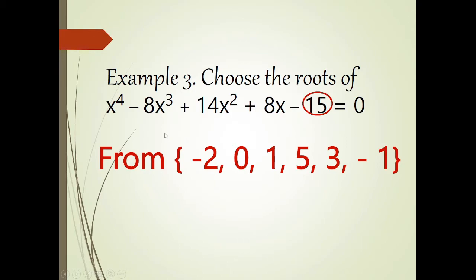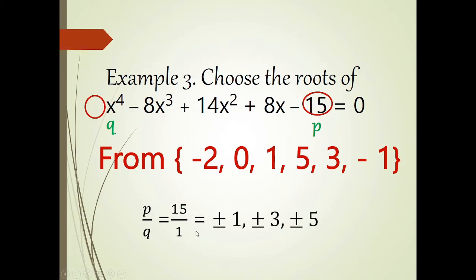So, unahin natin ang pagkuha ng P over Q. Ang P natin ay negative 15. Ang Q natin ay walang number ito, understood na 1. So, therefore, lalabas ang P over Q natin ay 15 over 1 equals 15, and the factors of 15 are positive negative 1, positive negative 3, positive negative 5.